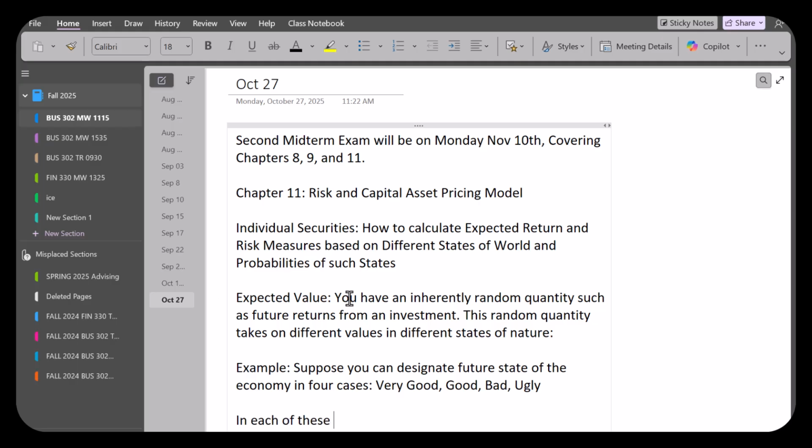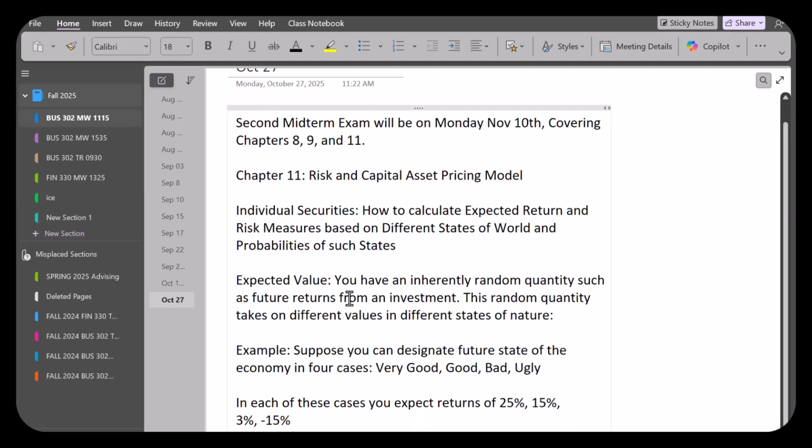In each of these cases, you expect returns of 25%, 15%, 3%, and negative 15%.